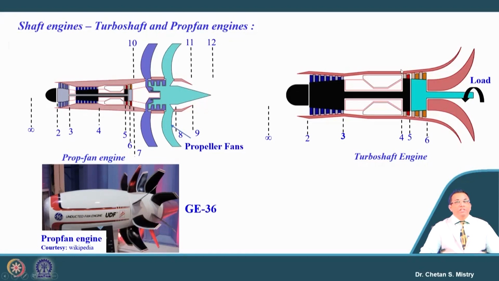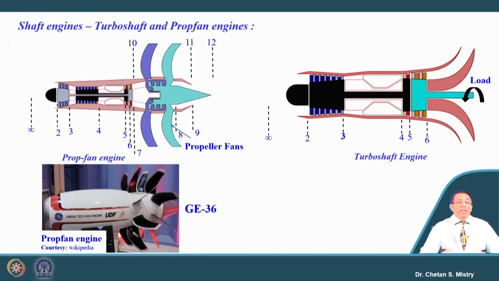Here, if we look carefully, the construction is similar in a sense, but in this case we have a free turbine or power turbine which is used to rotate the shaft. In this configuration, we have a 2 spool configuration with the core engine, and in the later part we have a turbine.